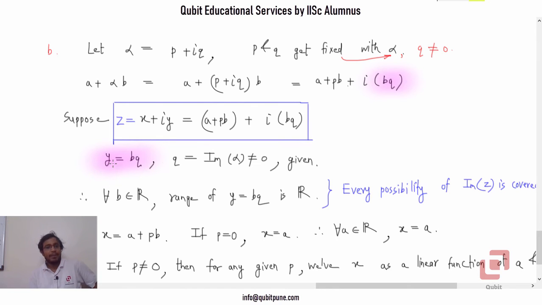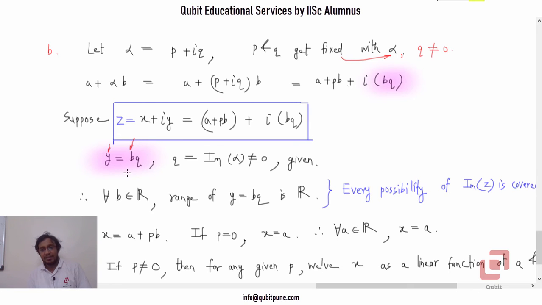What I mean by that is, if q is not equal to 0, for every real number there will be a unique real number associated, which will be y upon q, or if I have b and multiply it by q, I'll get y equal to bq.